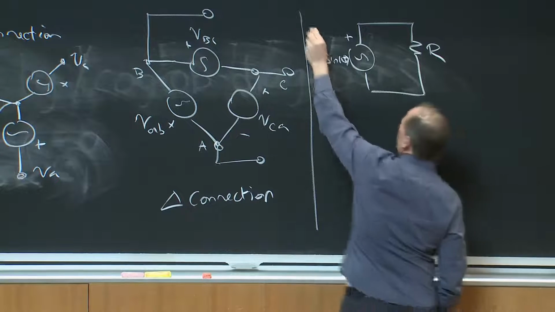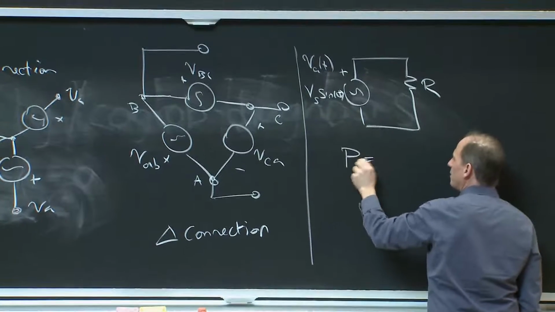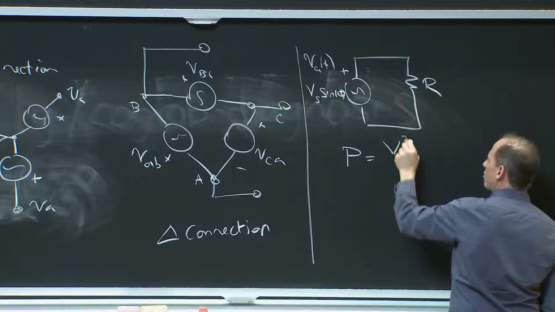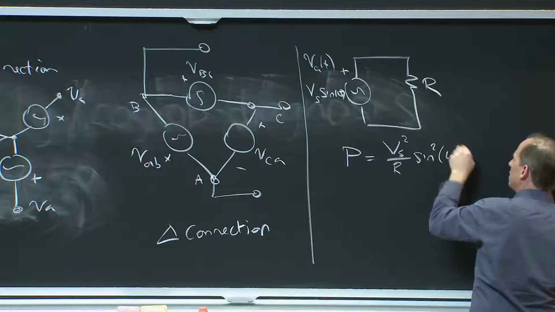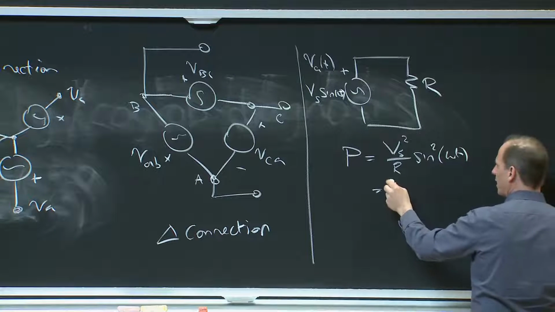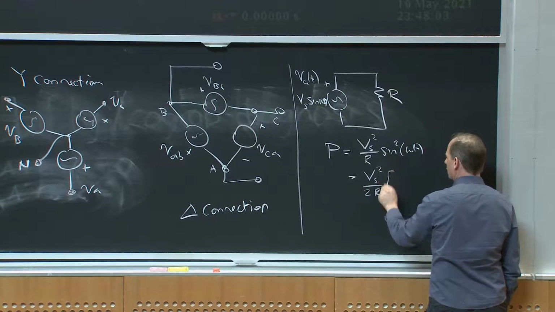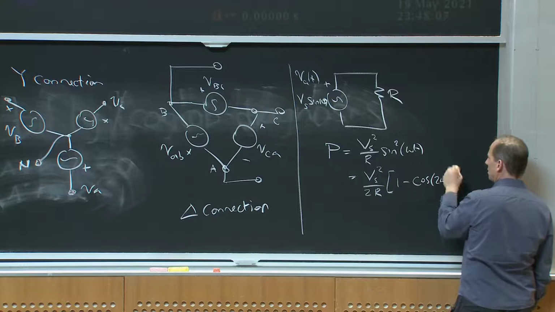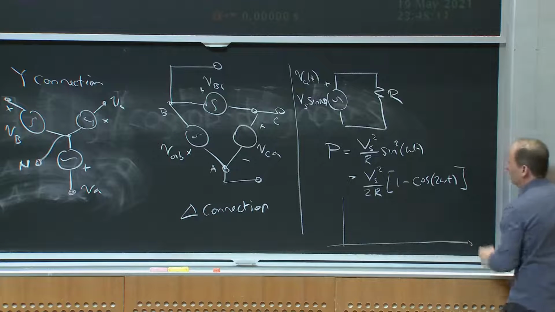Well, this is Va of t, so power would be equal to V squared over R, so it'd be just Vs squared over R sine squared of omega t. Through trigonometry I could rewrite that as Vs squared over 2R times 1 minus the cosine of 2 omega t.